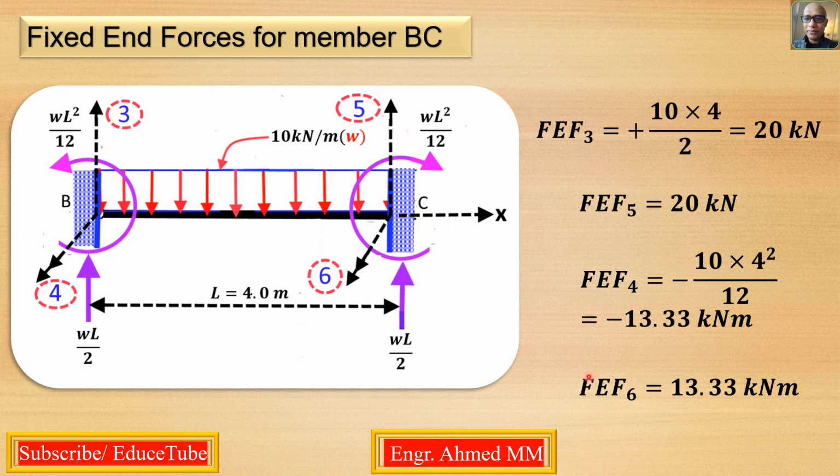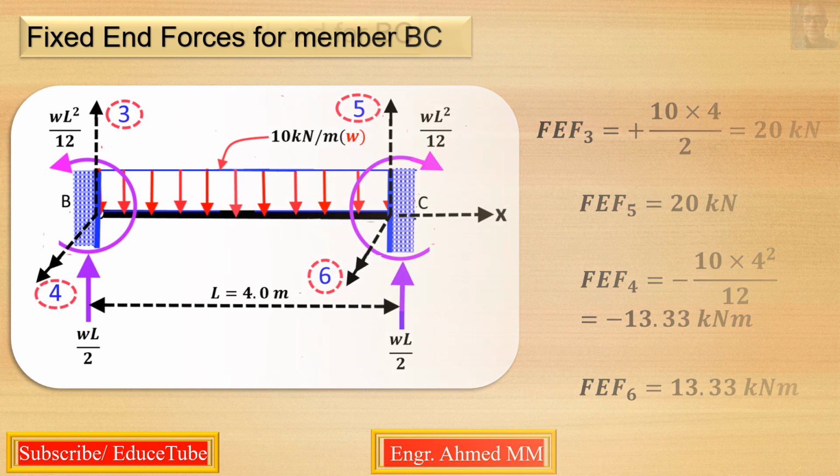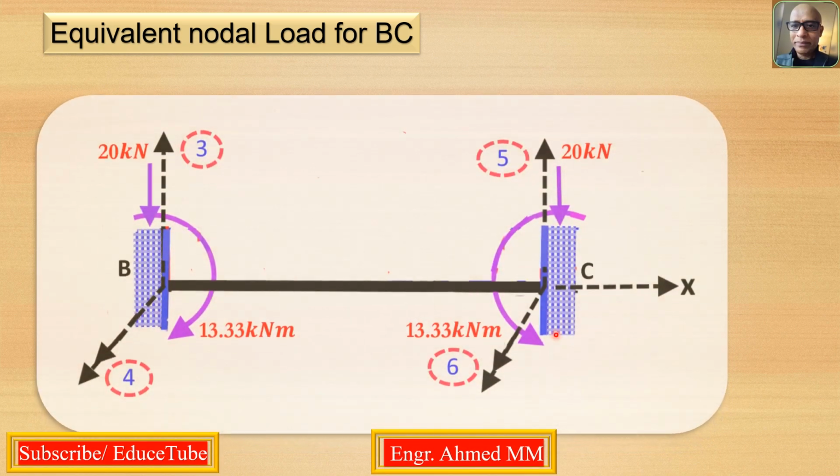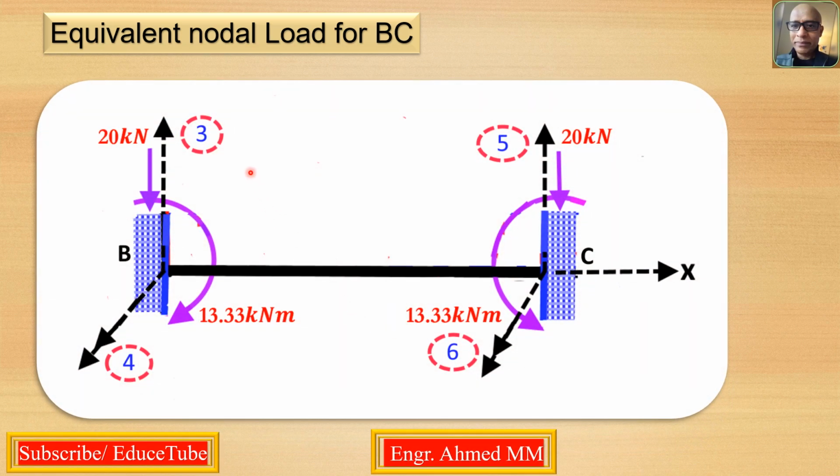Now we will use these four forces. It means we will convert these four forces into equivalent nodal loads. Let's see in the next slide. All the forces are equal in magnitude but opposite in direction to the fixed-end forces. So equivalent nodal loads for BC.